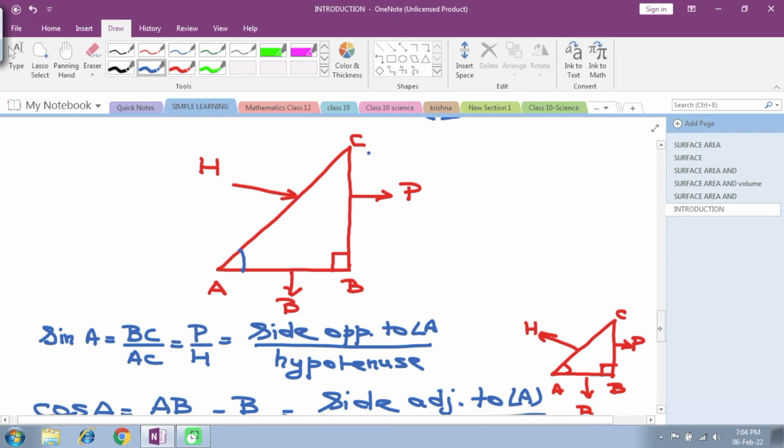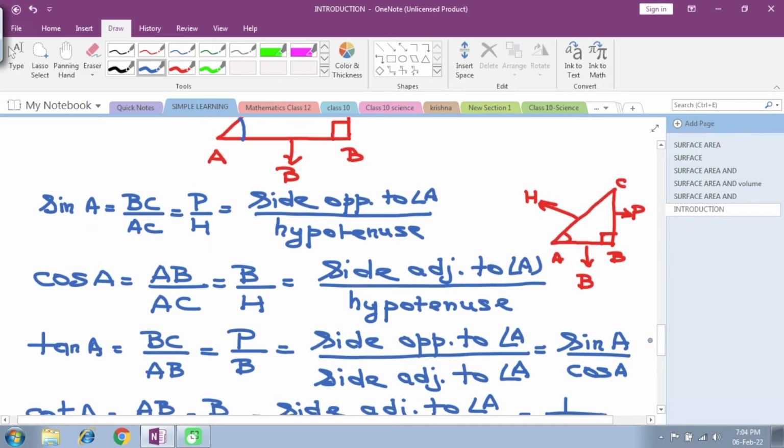Next, cos A. Cos A is AB by AC. AB is the base and AC is the hypotenuse, or it can be written as side adjacent to angle A divided by hypotenuse.